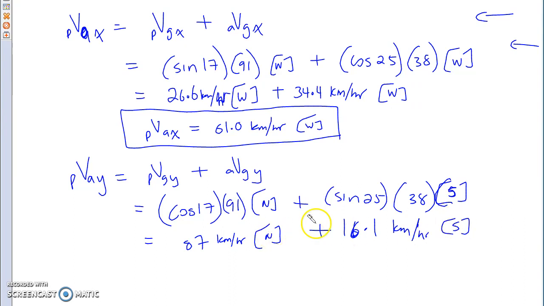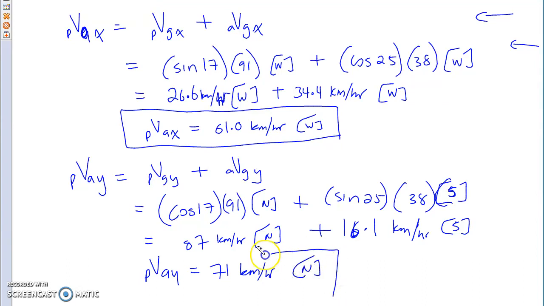Of course, we're going to subtract the two vectors because they're in opposite direction. So you end up with a VPAY, which is 71 kilometers per hour going in the northerly direction, since the north vector is larger than the south vector.